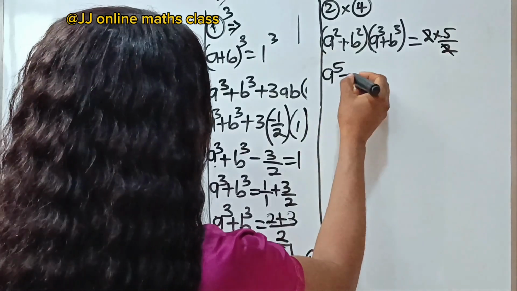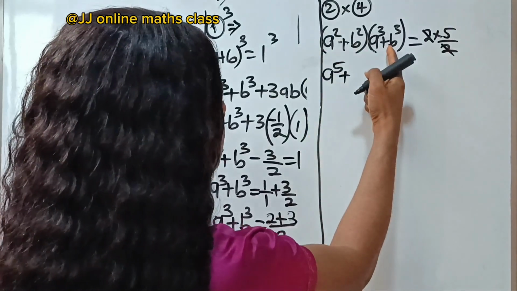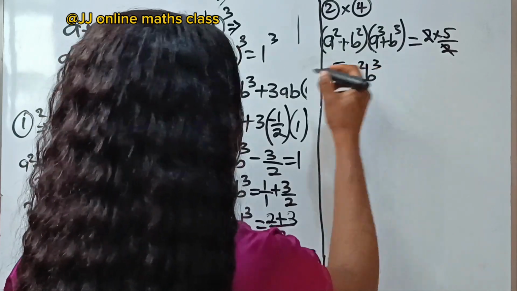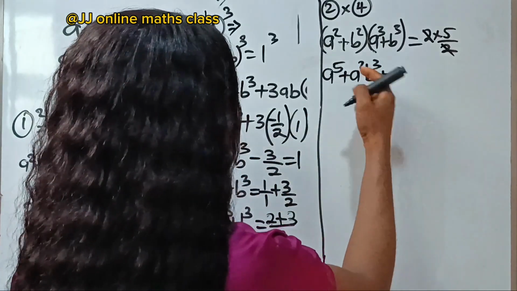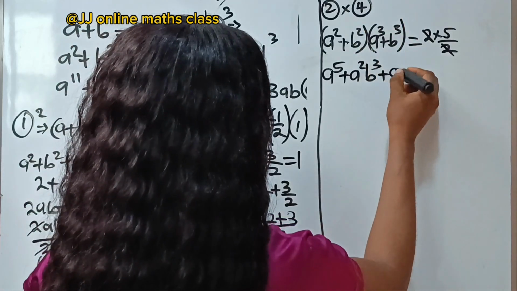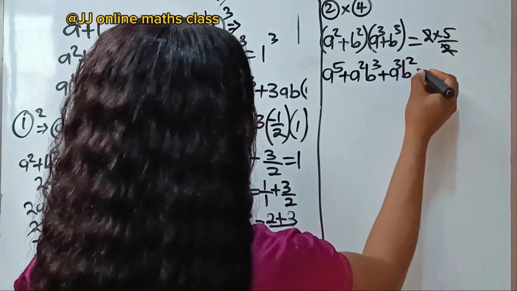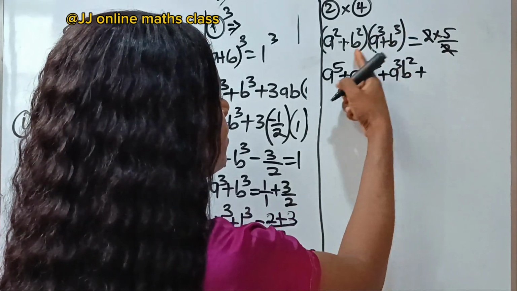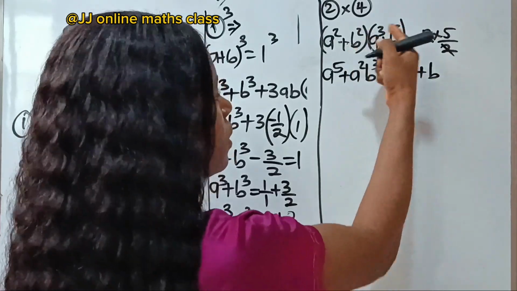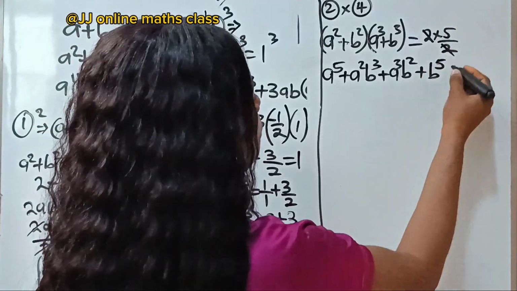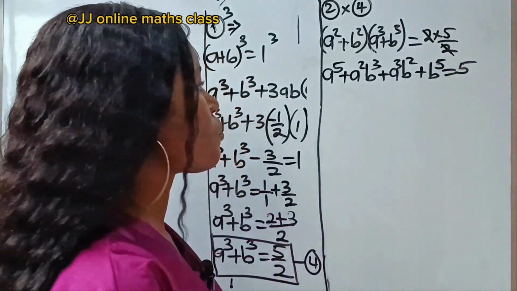Now, a to the power of 2 times b to the power of 3 is a squared b cubed. Plus b to the power of 2 times a to the power of 3 is a cubed b squared. Plus b to the power of 2 times b to the power of 3: they have the same base, so we pick one and add the powers, and we have 5. Is equal to 5.